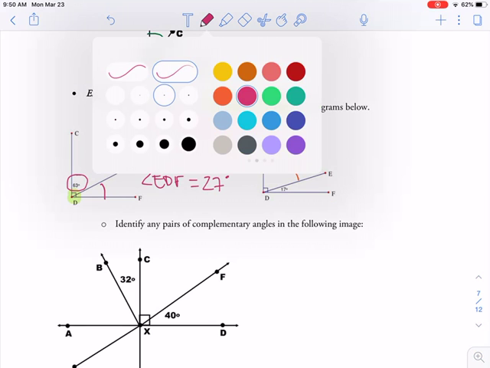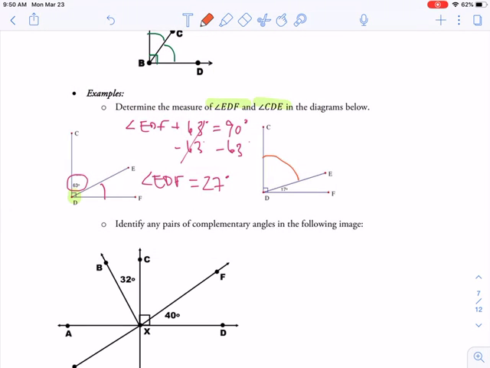Then same logic for the next example. Okay, we're going to look at angle CDE. Again, we talked about how that's that angle, and we're going to find its measurement. Again, we can see that little 90-degree box in the corner, so we know that angle CDE plus the other angle of 17 degrees will equal 90.